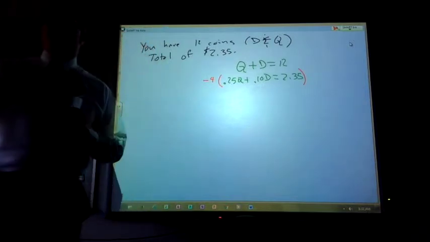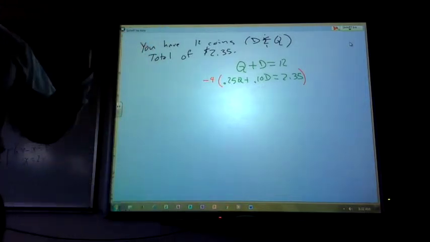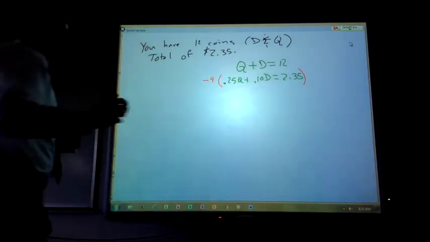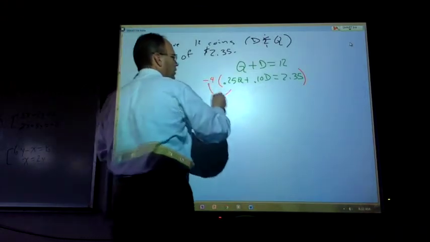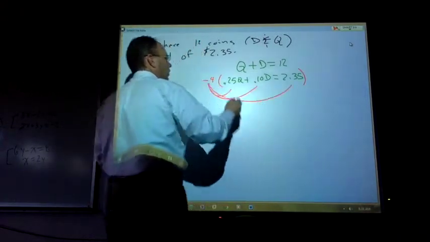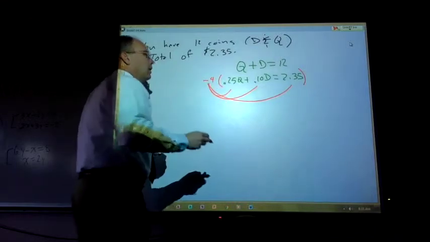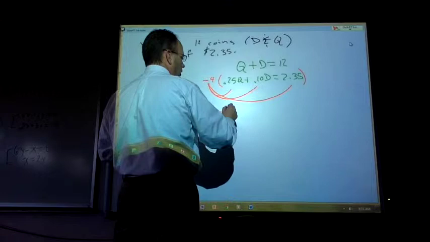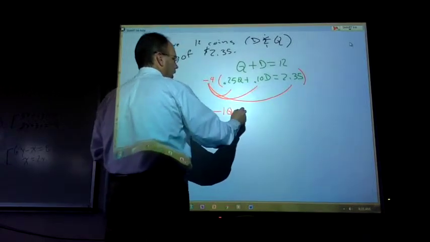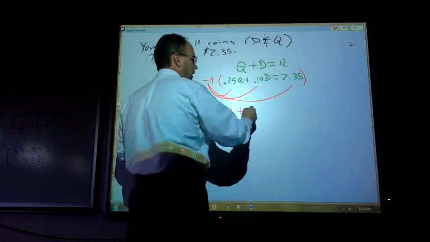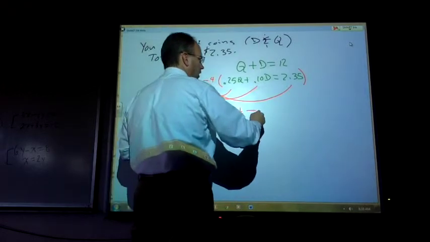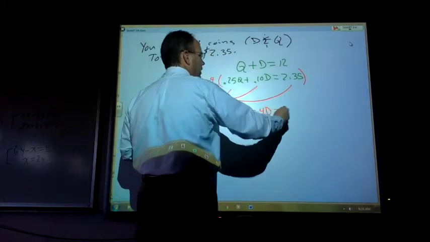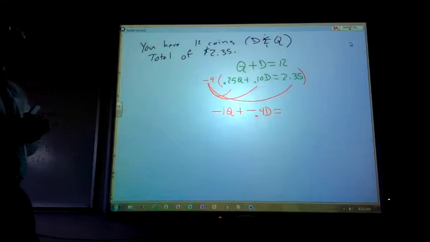I was trying to get you guys to realize let's multiply by 100 so we don't have any decimal amounts, but I think Gabe saw it. So let's do this here to here to here. Let's see how it works out. -4 times 0.25, as I said, is -1Q. And then -4 times 0.10 is -0.4D. Can I make that work?